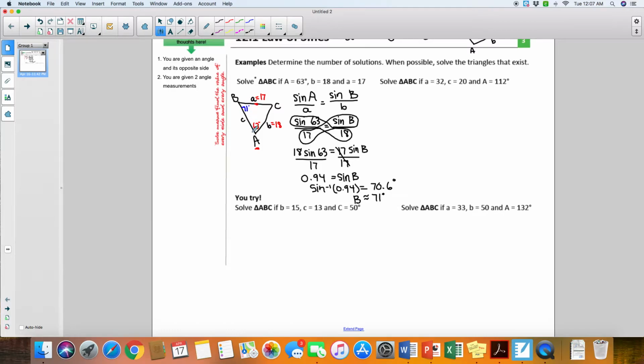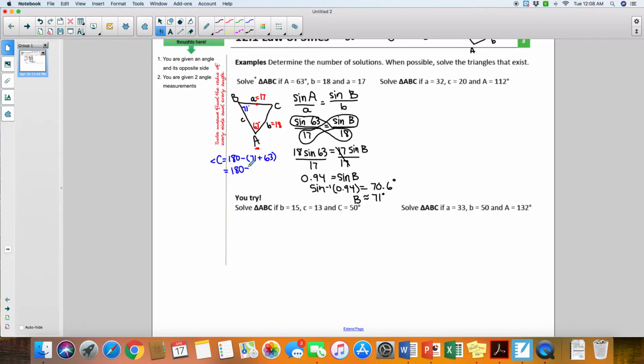So the 3 angles of a triangle should sum to 180 degrees. So I should be able to add 71 and 63 and subtract that from 180. That would give me angle C. I would add those two angles that I have, and then subtract that sum from 180, and that will give me what is left over.